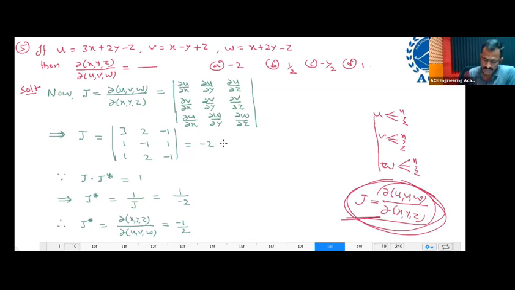If j is -2, then j star will be -1 by 2. Like this we can find. So this is about the Jacobian only.